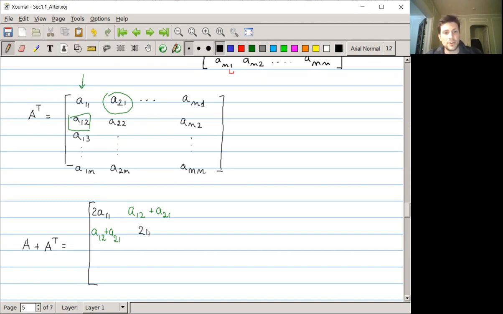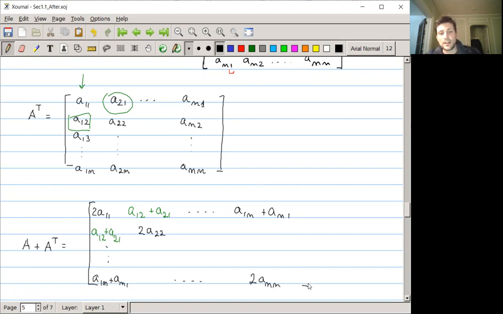On the main diagonal, I get A22 on both sides. When I continue on this row, I will have A1n plus An1. Down this first column, the last term will be, again, A1n plus An1. So on and so forth. This last one here will be 2Ann.